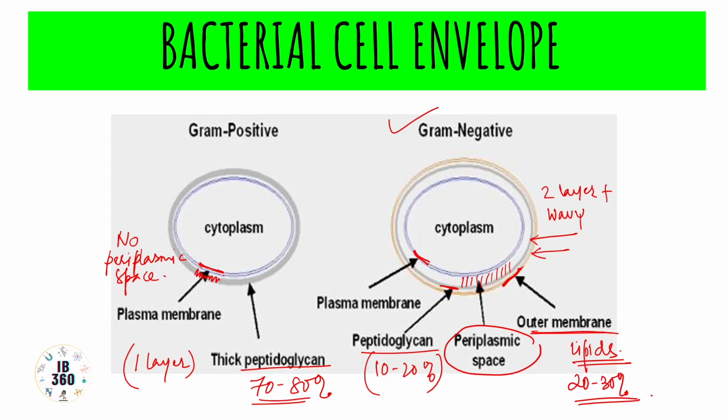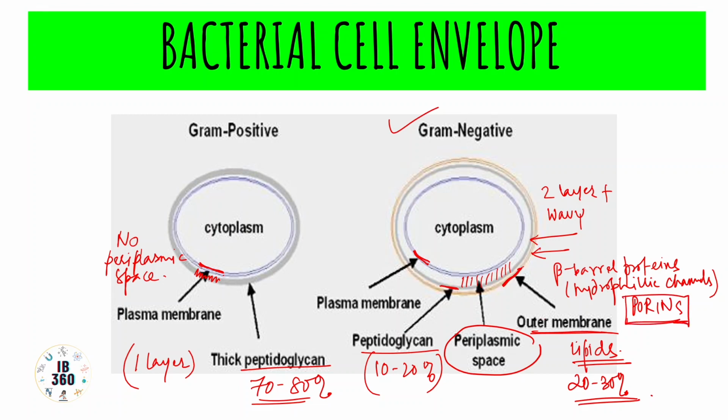And the outer membrane has 20-30% lipid content. Along with lipids, they also have hydrophilic channels of beta barrel proteins called porins, which we will see later on. We have heard about this term porin many times, but what are these?